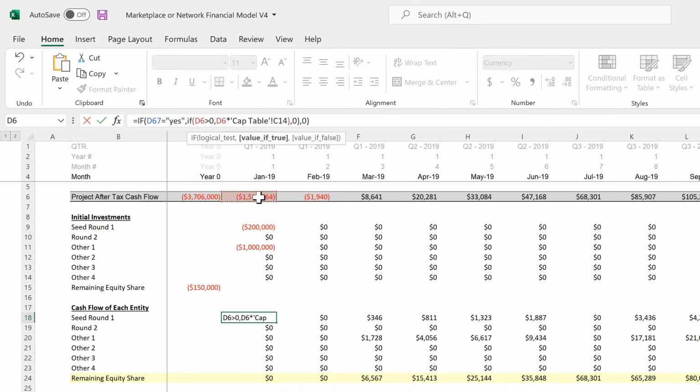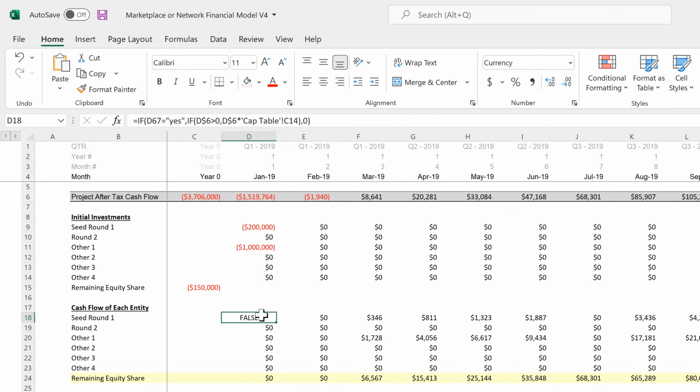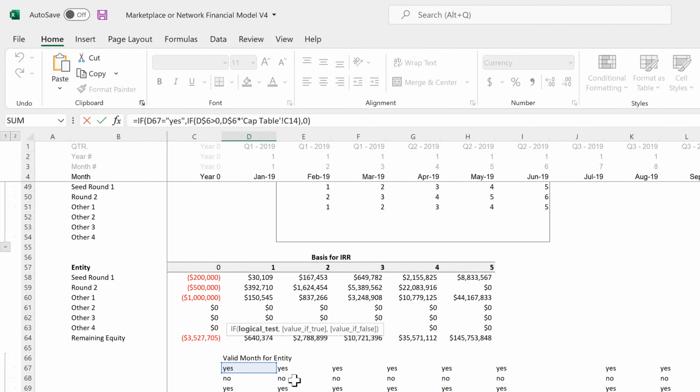Then just take that number times the cap table, C14. And all the other stuff can just stay. Oops, so D67 is just checking if they've invested yet. So that equals yes. And a D6 or a 0, D6 times cap table.